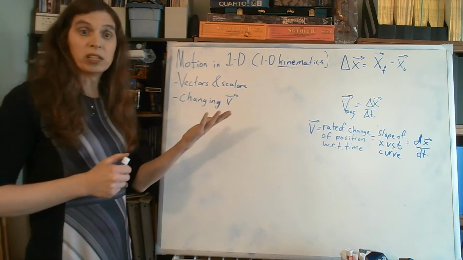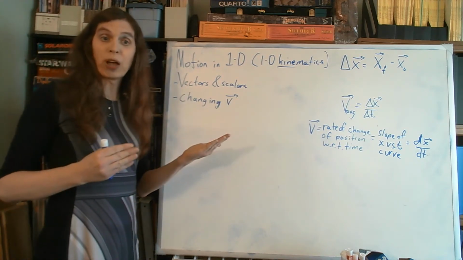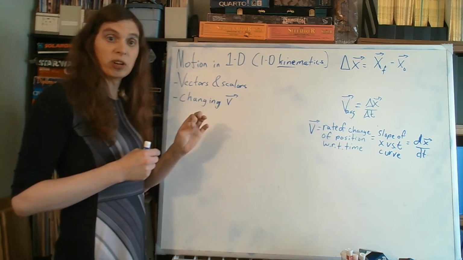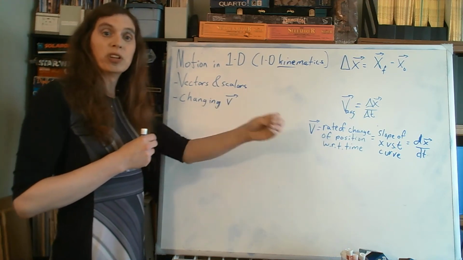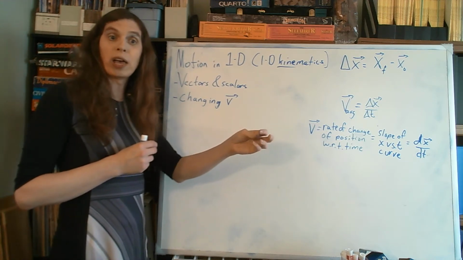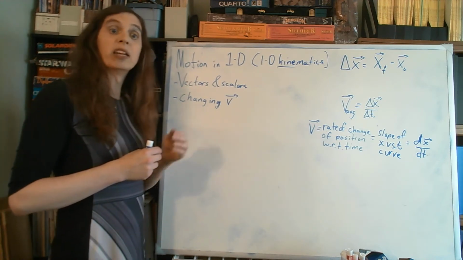And we need to have an origin and frame of reference for position, a place that is considered zero, that everything is measured relative to for position. How many meters, how many feet away from that point, and in what direction.